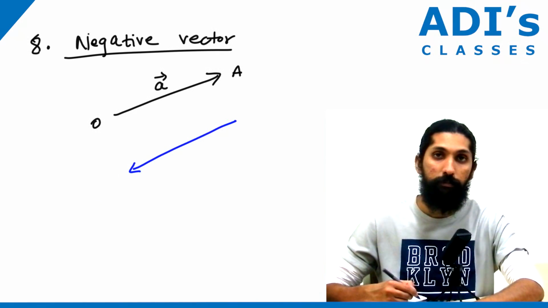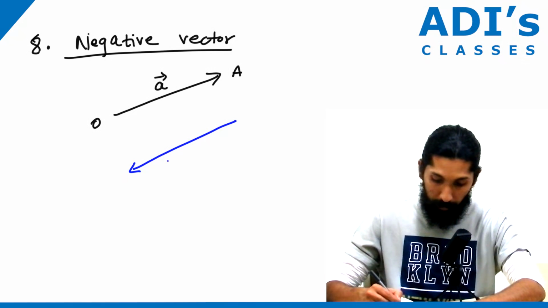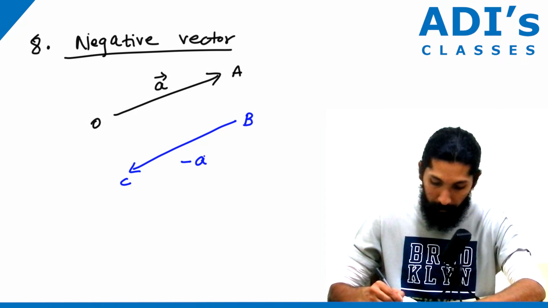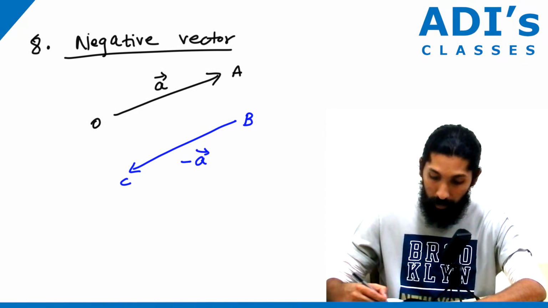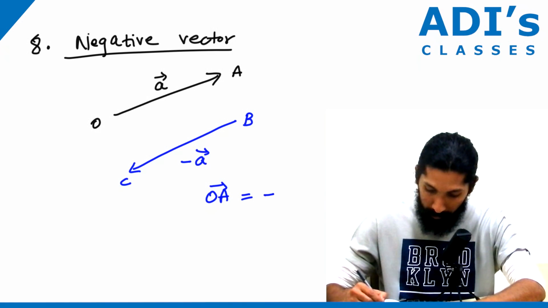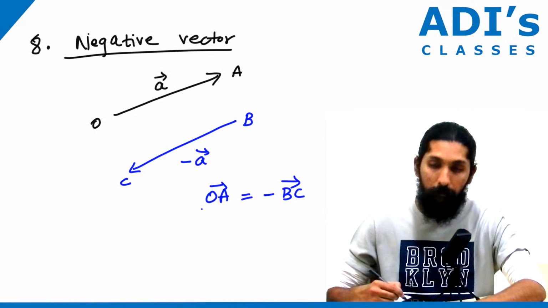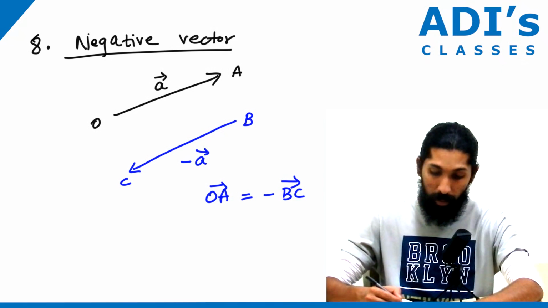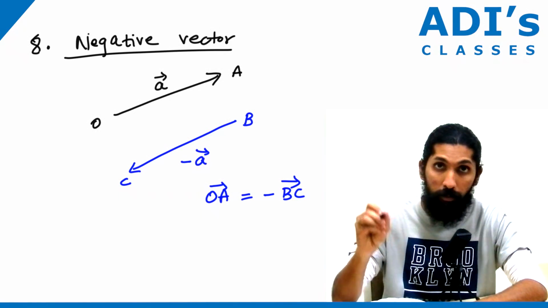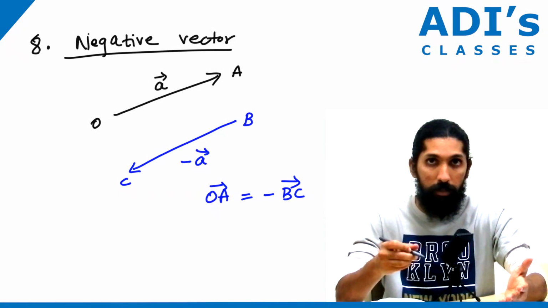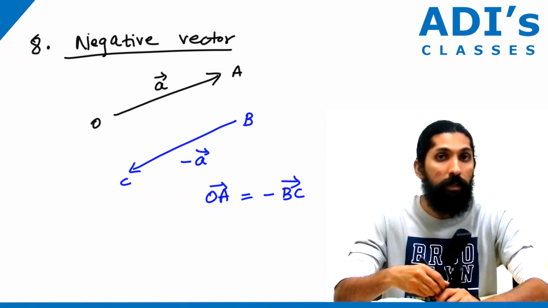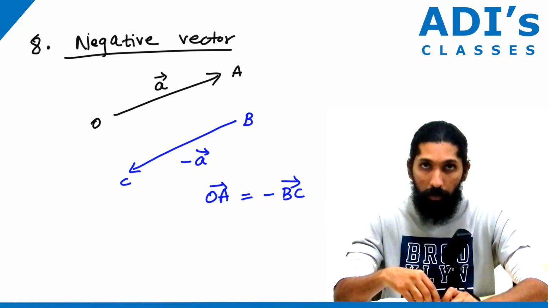Suppose this is BC, this becomes the negative of vector A. In the sense OA is equal to minus BC. That means the magnitude is the same, but the direction is going to change. When I say change, what do I mean? A 180-degree shift. That is basically the negative of a vector. Clear? So these are the types of vectors.